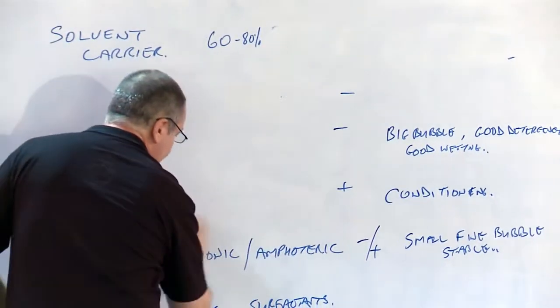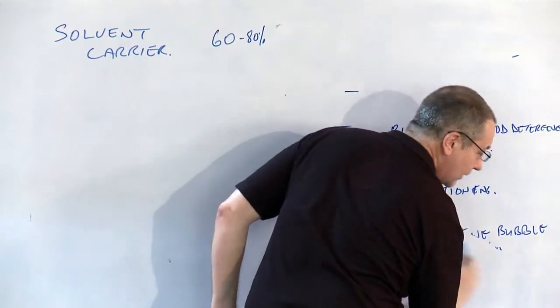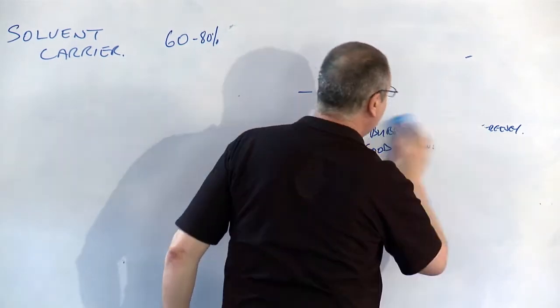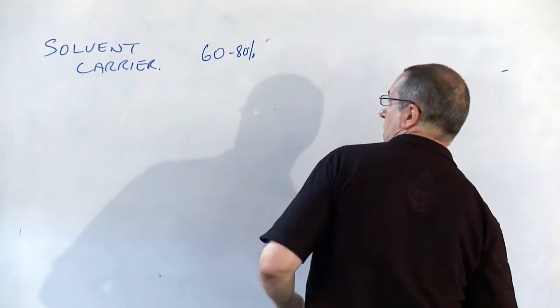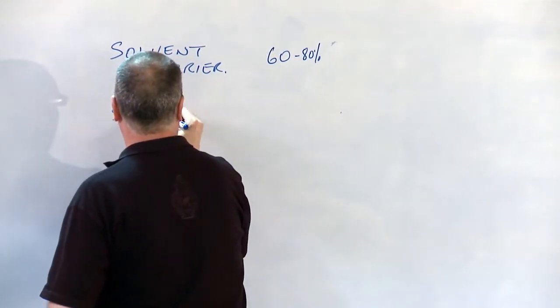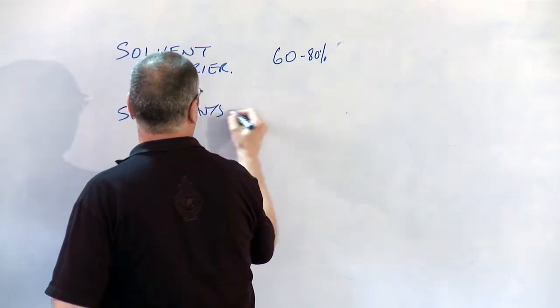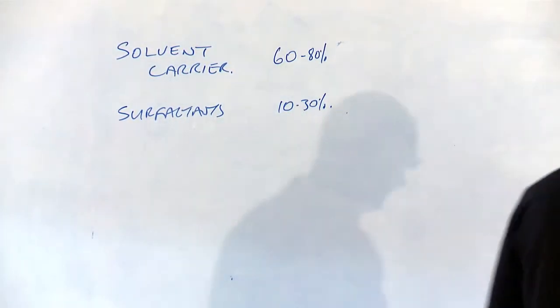So surfactants will typically make up about 10 to 30% of our formula.